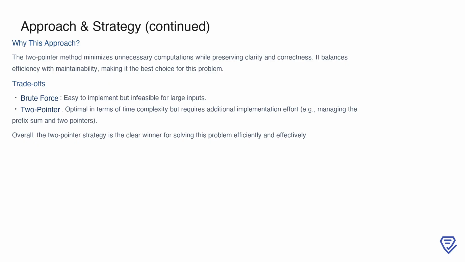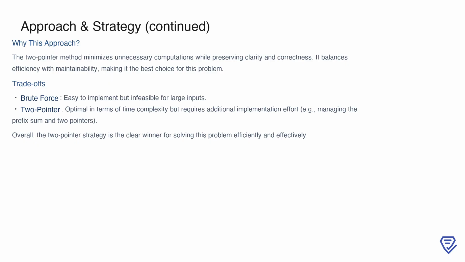The two-pointer method stands out as the most efficient and effective approach for solving this problem. By minimizing unnecessary computations and leveraging the prefix sum array, it achieves a balance between clarity, maintainability, and optimal performance. While the brute force approach is simpler to implement, it is impractical for larger inputs due to its cubic time complexity.